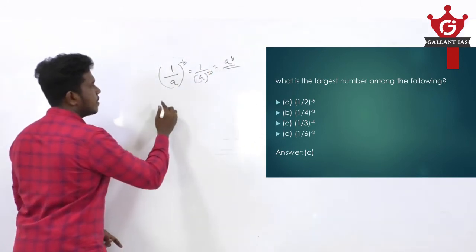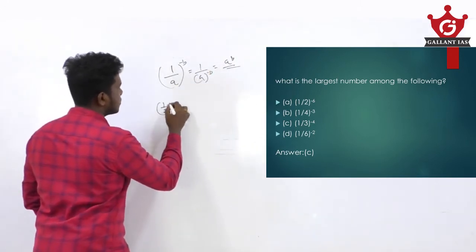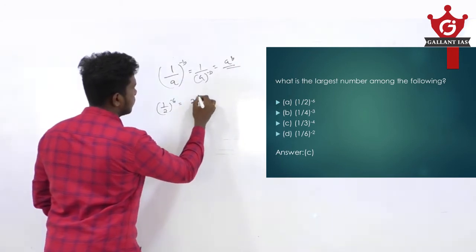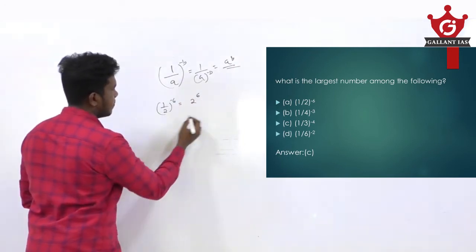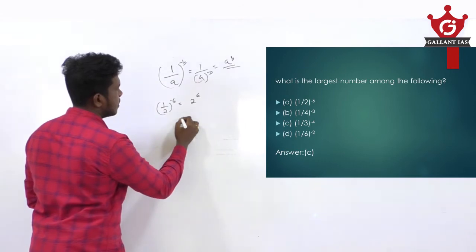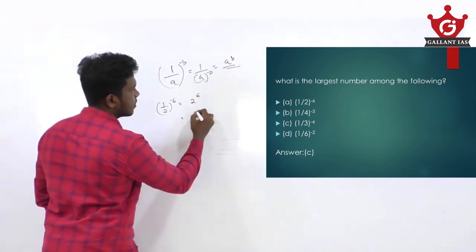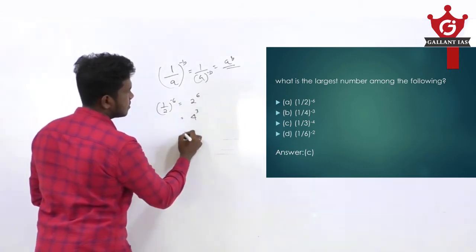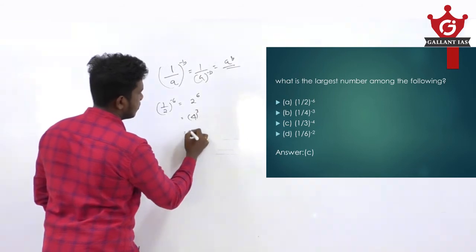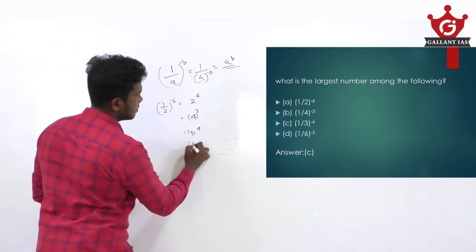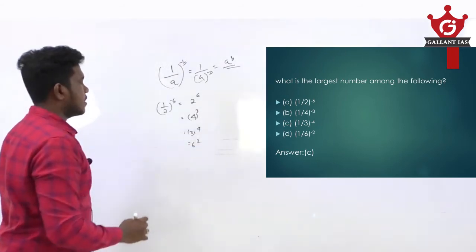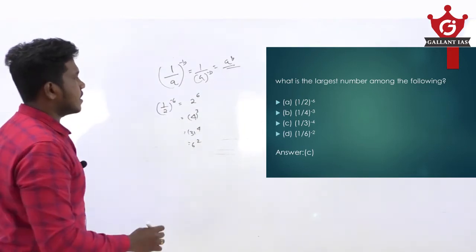Similarly, for (1/2) raised to minus 6, it is 2 raised to 6. (1/4) raised to minus 3 is nothing but 4 raised to 3. Similarly, 3 raised to 4, 6 raised to 2. So we need to find which one is the greater one.